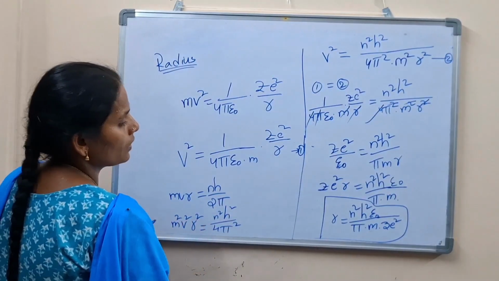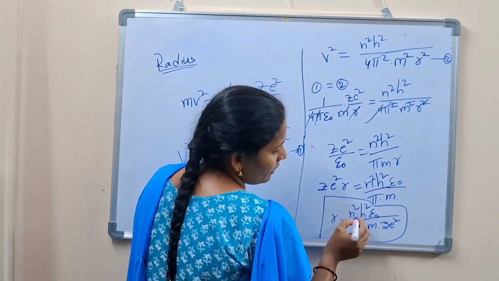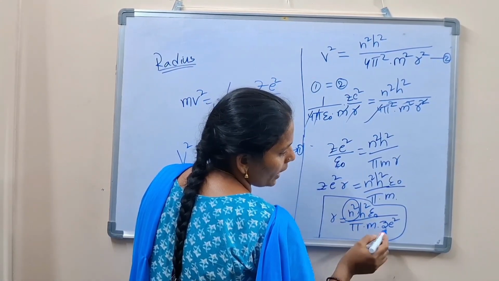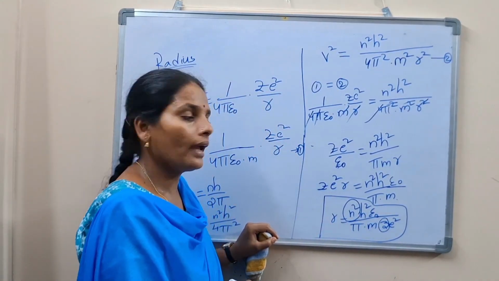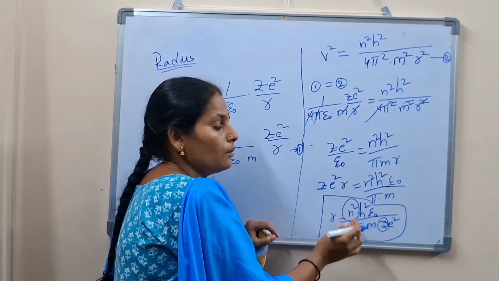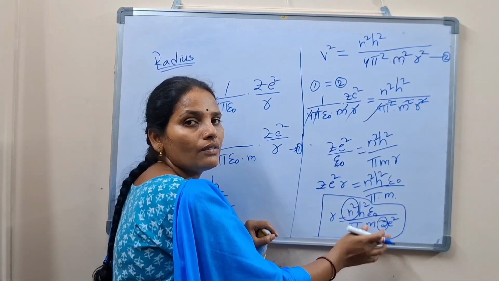From this equation, except n square and z, remaining all are constants. Here n is an integer variable and atomic number is also variable.